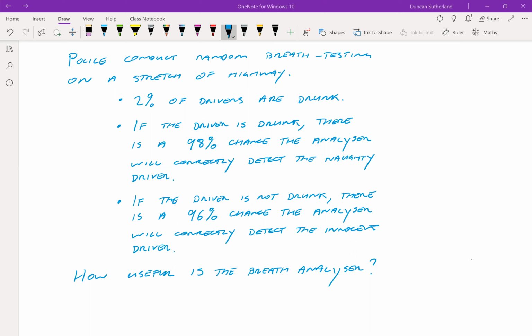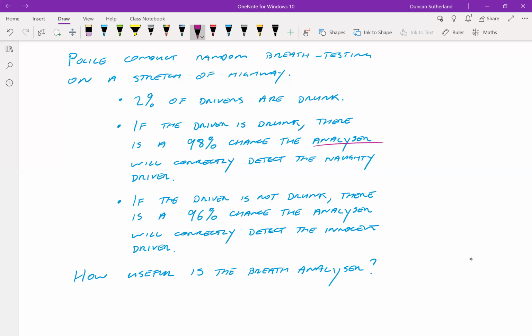So suppose the cops have a breath analyzer. There's a 98% chance that the analyzer will correctly detect a drunk driver. That is, if the driver is over the legal limit, there's a 98% chance that the analyzer will say that the driver is over the limit.